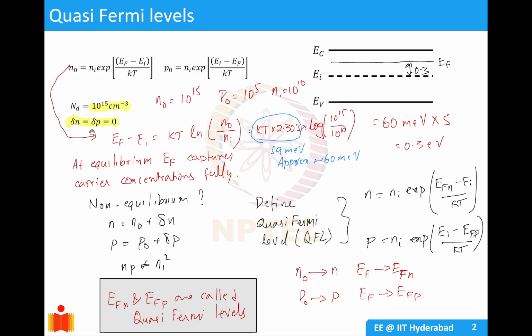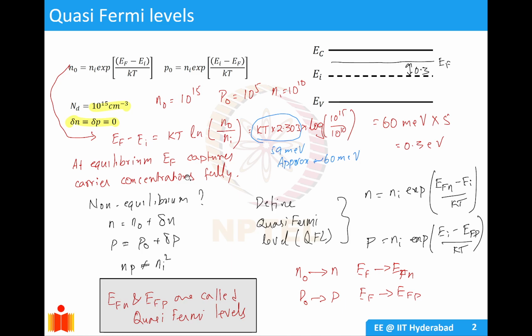This is the equilibrium case where delta n and delta p are 0. So EF minus Ei equals kT ln(n0 by ni), which comes out to be 0.3 eV. So at equilibrium, this EF captures the carrier concentration completely.